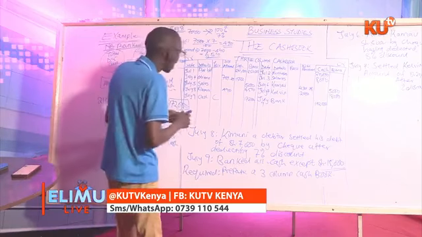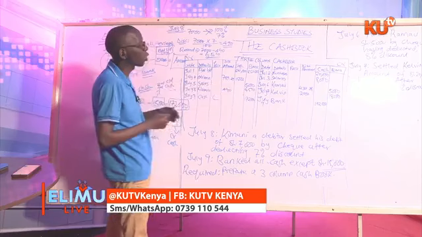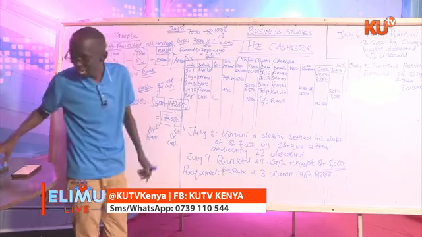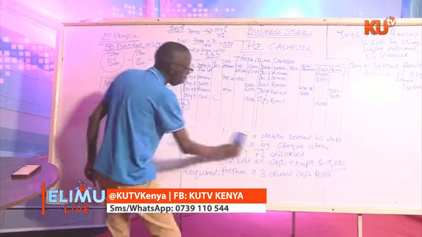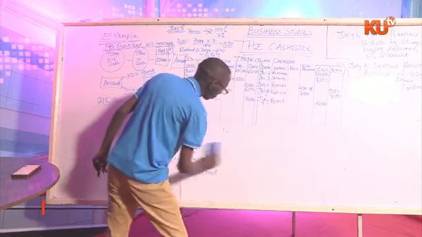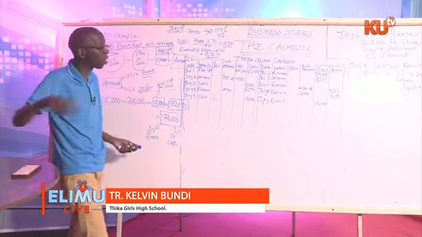Therefore, we are now going to balance our 3-column cash book as we conclude. Balancing is the last thing that we do. You must make sure that your cash book is always balanced.